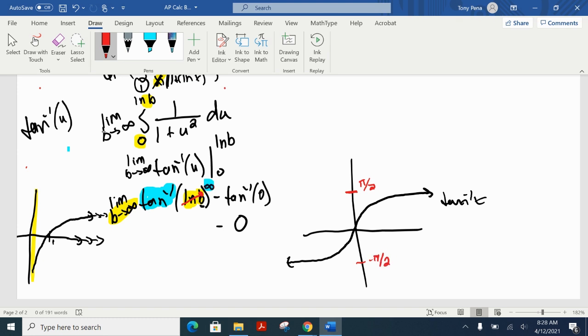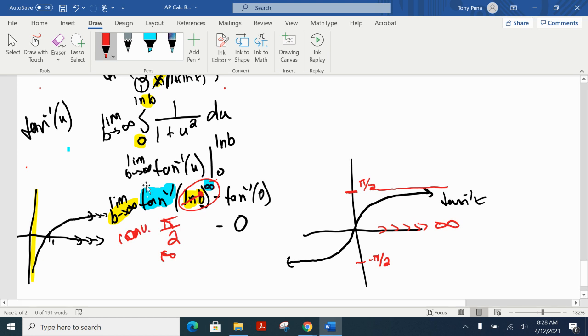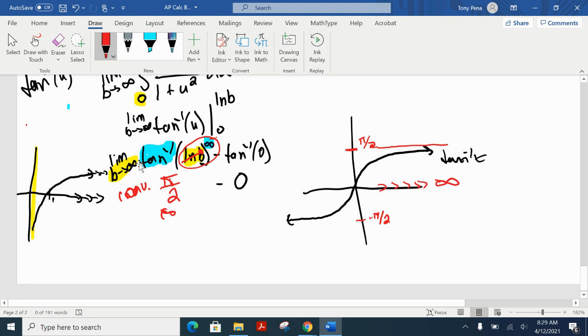So as x goes to infinity, the inverse tangent graph should level off towards pi over 2. Since this converges to pi over 2, finally, after all that work, we can say that our series converges.